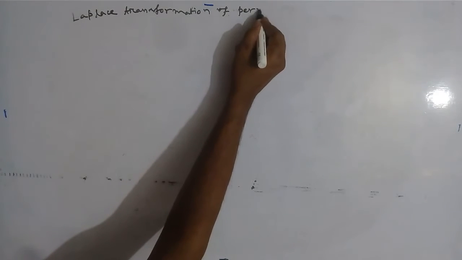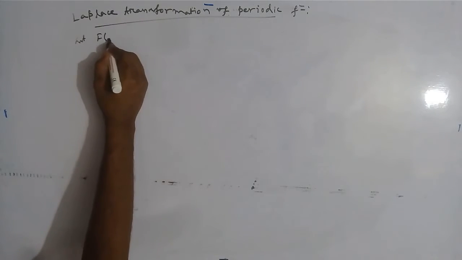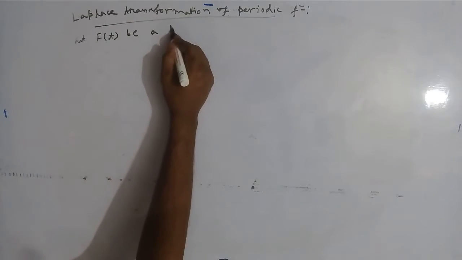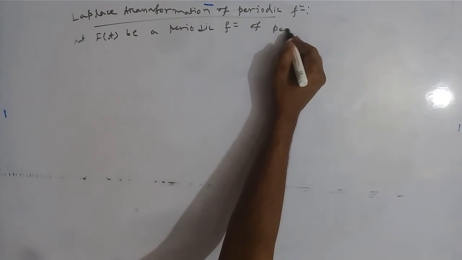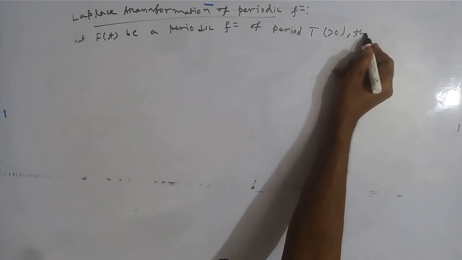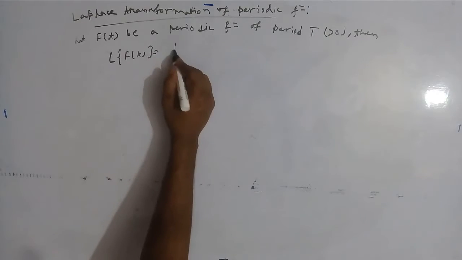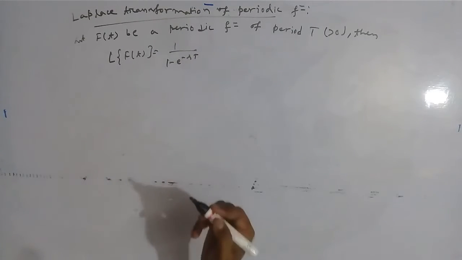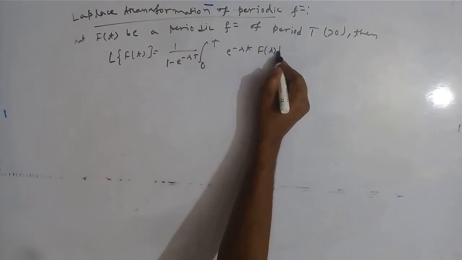This property states that let f(t) be a periodic function of period T greater than 0, then L of f(t) is equal to 1 by 1 minus e to the power minus sT, times the integral from 0 to T of e to the power minus st f(t) dt.